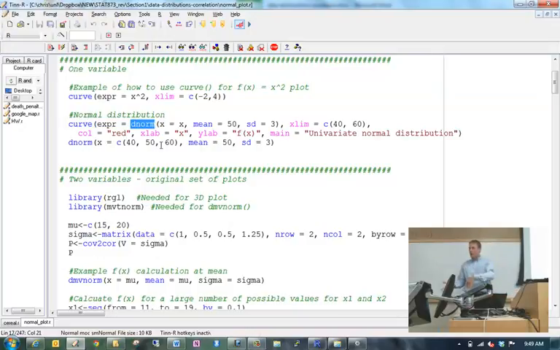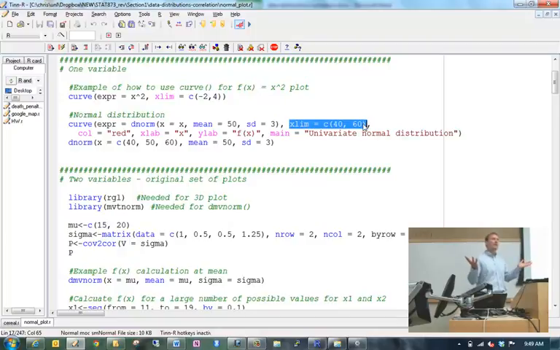Density normal. That's where the name comes from. I can say I want my density of my normal to be evaluated at x with a mean of 50 and a standard deviation of 3. I want to evaluate it from 40 to 60.